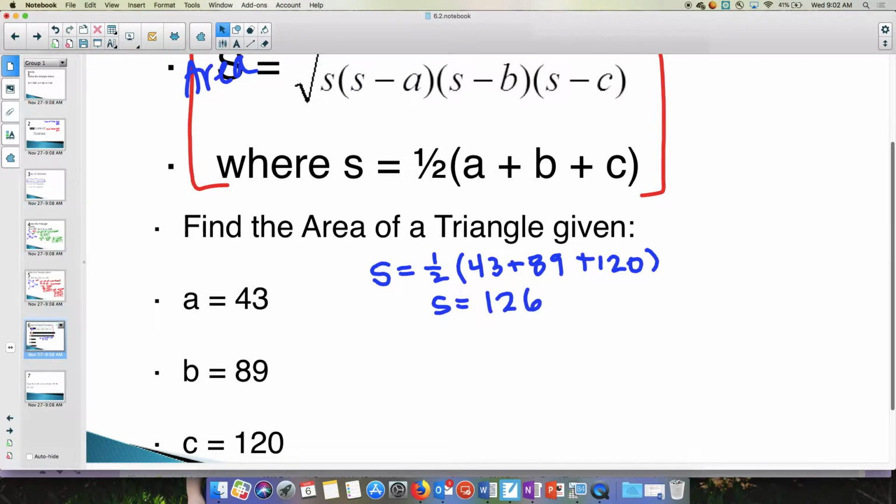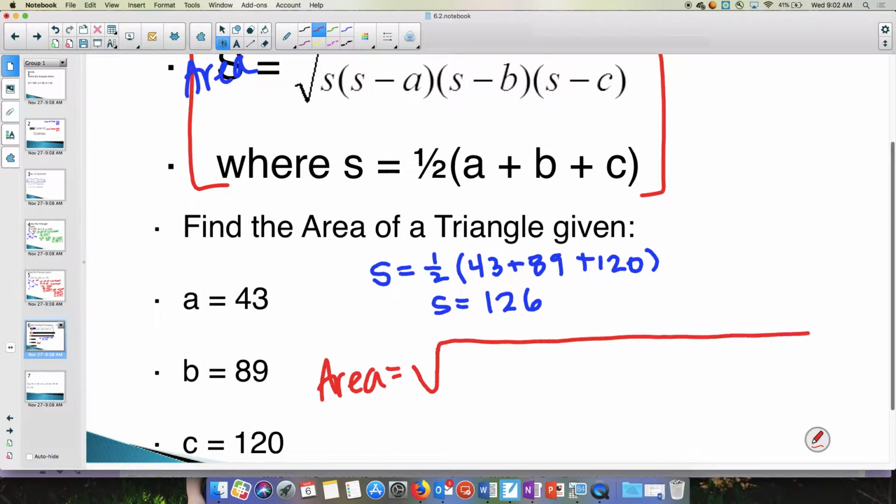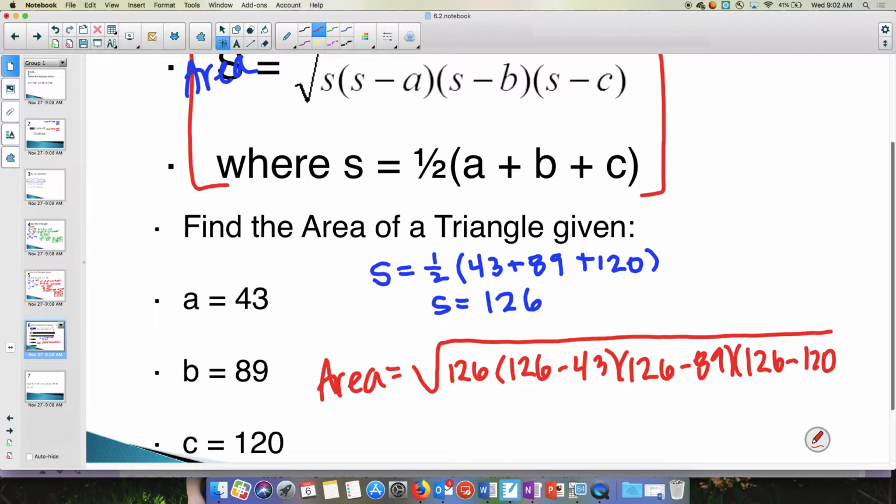So when we find our area, we're going to set up our area by taking this giant square root of s times s minus side times s minus side times s minus side. And if I'm being honest, don't try to find each of these differences.